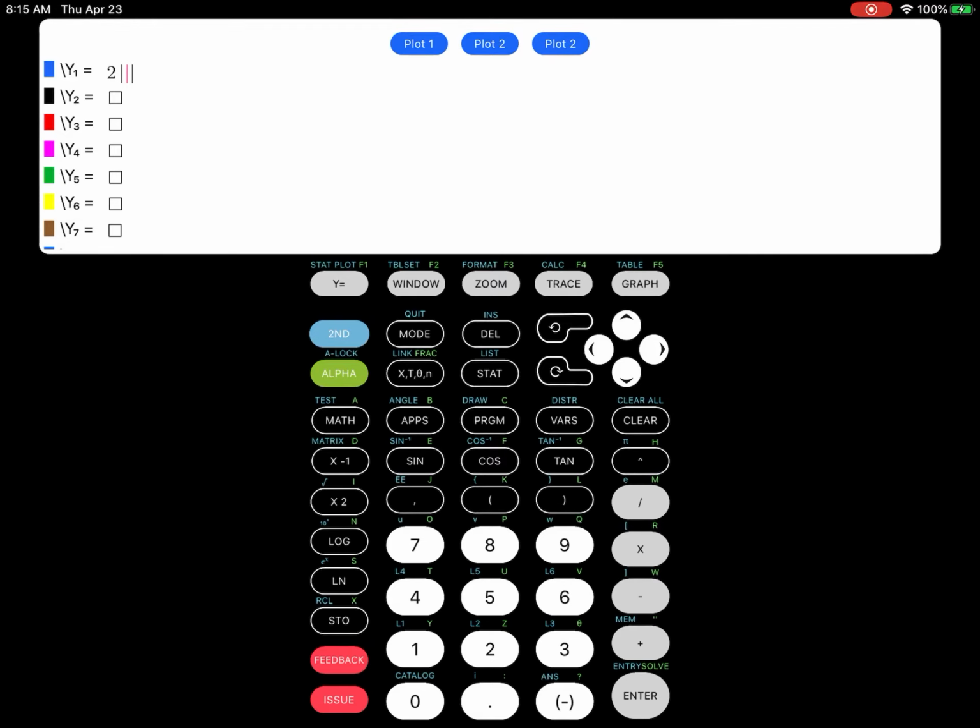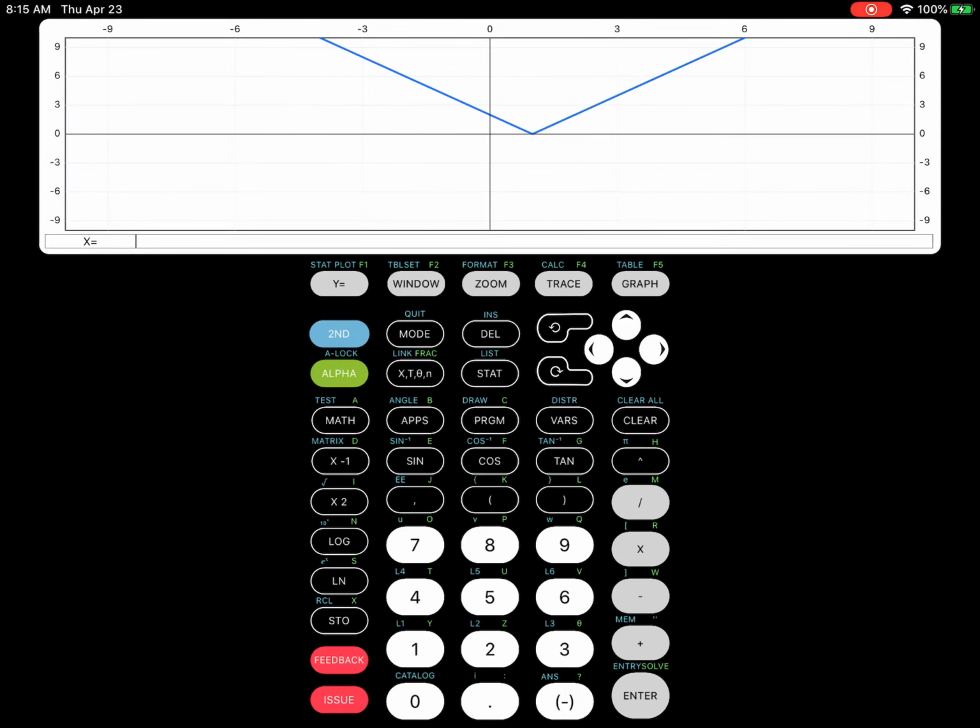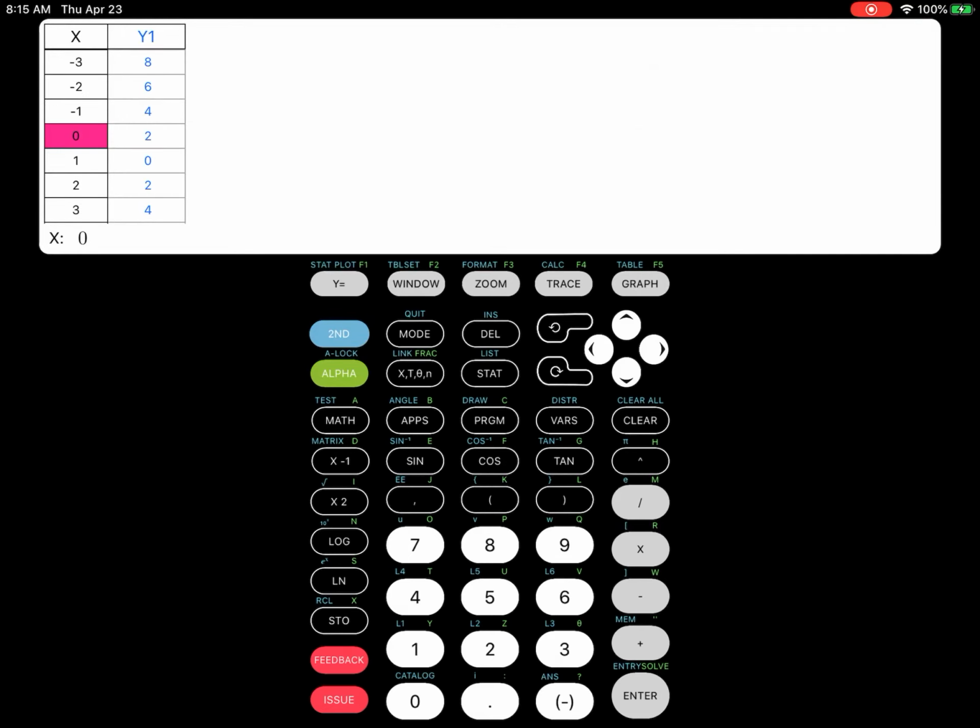And we would hit graph. We'd hit second graph again, because then it gives us our y points.